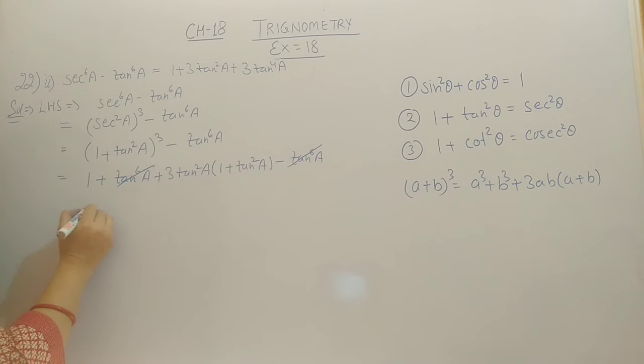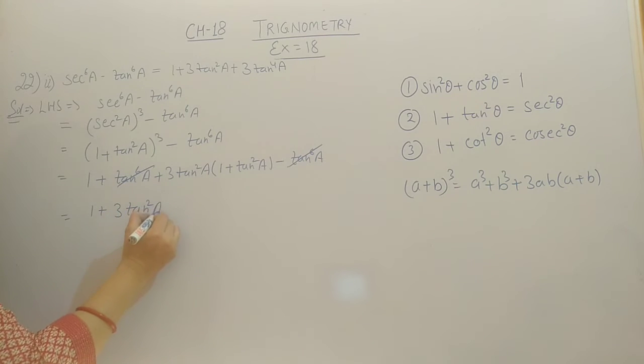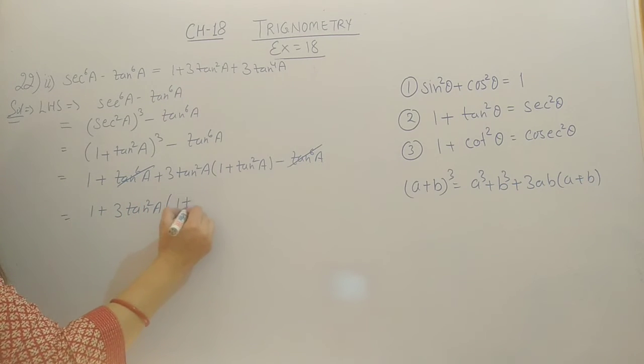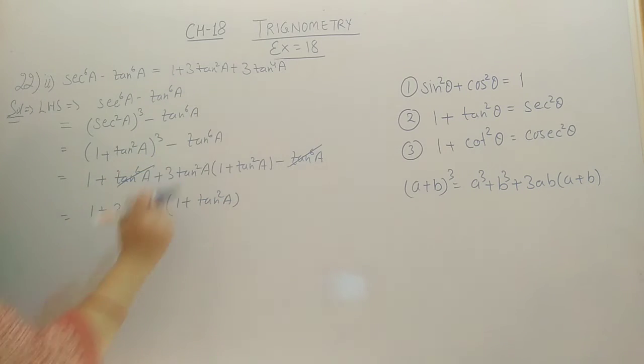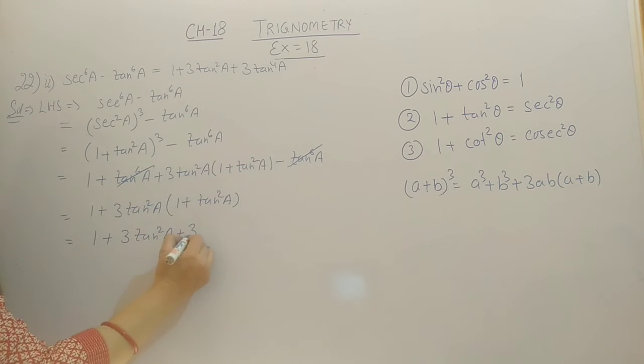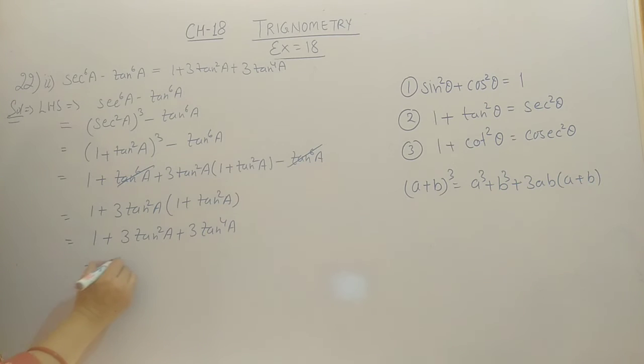Now we have 1 plus 3 tan square a in bracket 1 plus tan square a. We want the answer in tan square a only, so no need to change it, keep it like this only. Multiply this within the bracket: 3 tan square a plus 3 tan to the power 4a, equal to the right side. Proved.